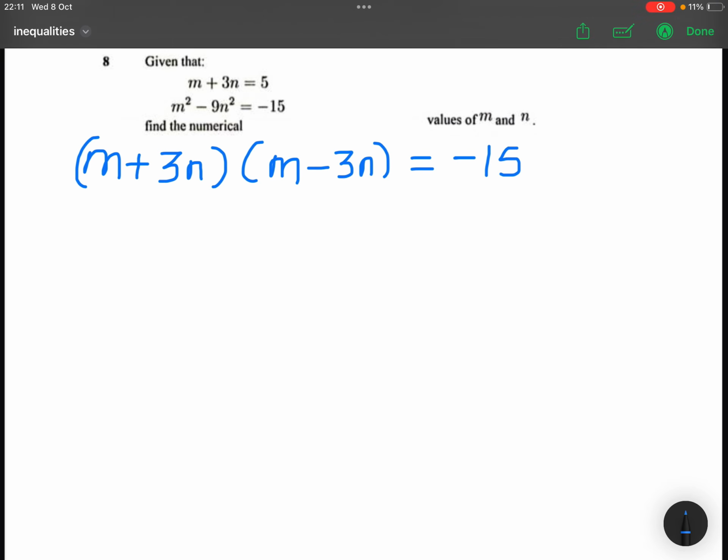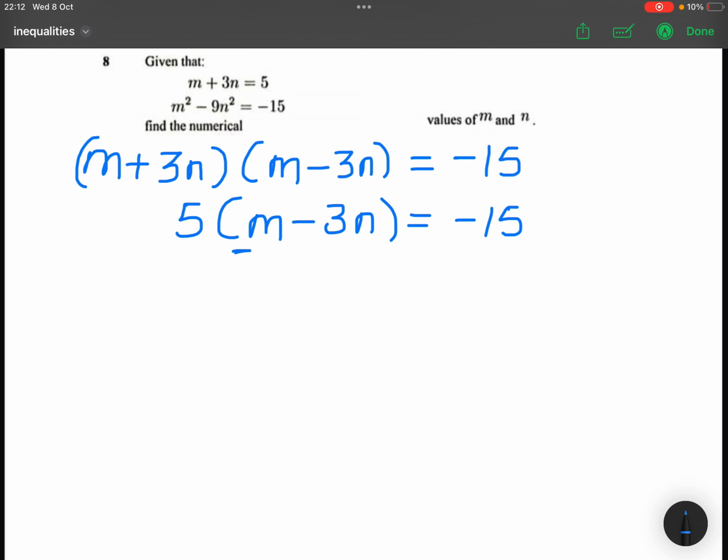This is the first step. And we are given that m plus 3n is equal to 5, right? So instead of writing m plus 3n, we substitute 5. And we say 5 times m minus 3n is equal to minus 15.